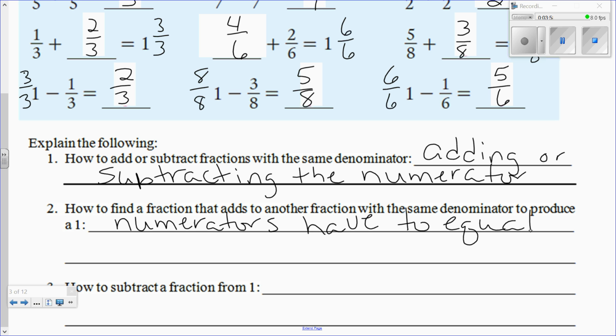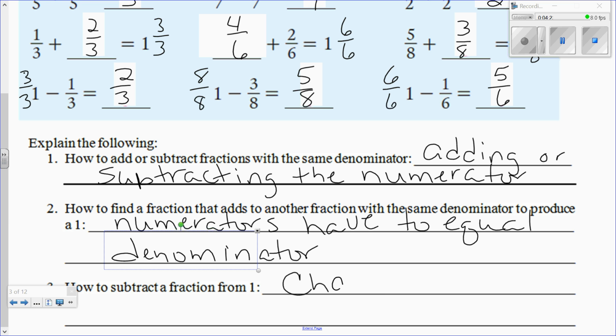That's like our examples above, where we did 1/3 plus 2/3 equals 3/3, or a whole. That's because we had a 3/3. So just make sure that when you're trying to get to a whole, you do have the same numerator and denominator. The next one is, how do you subtract a fraction from 1?